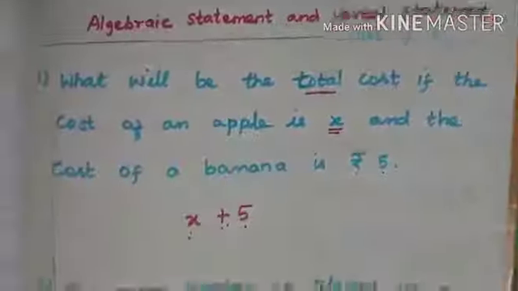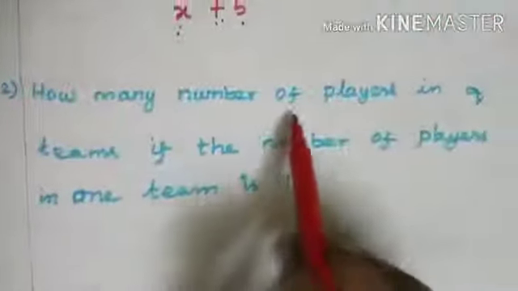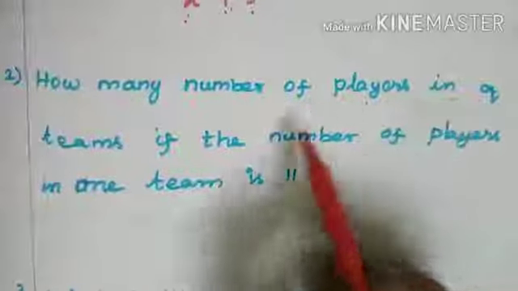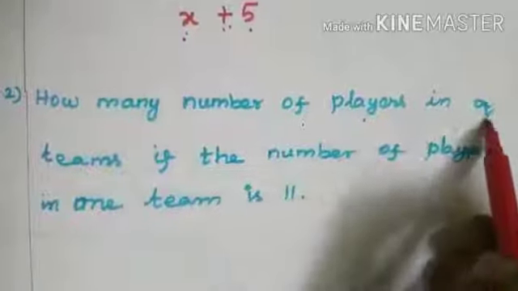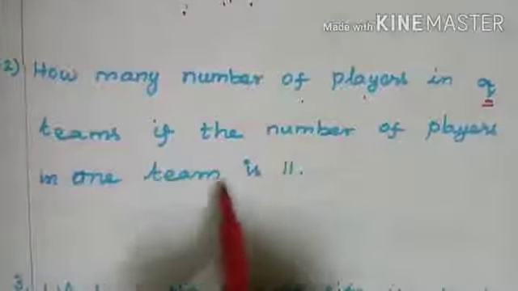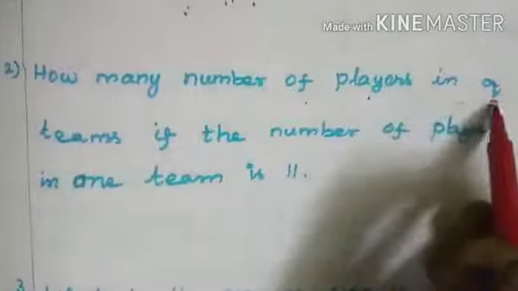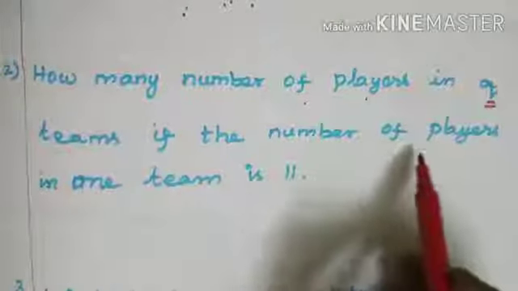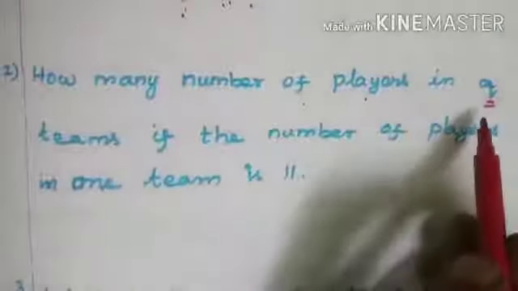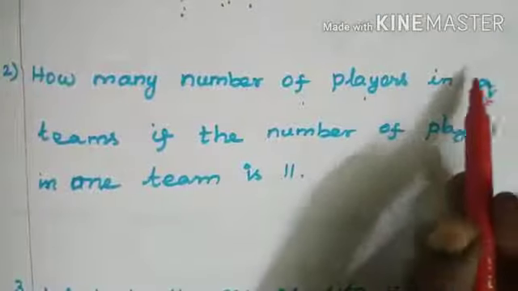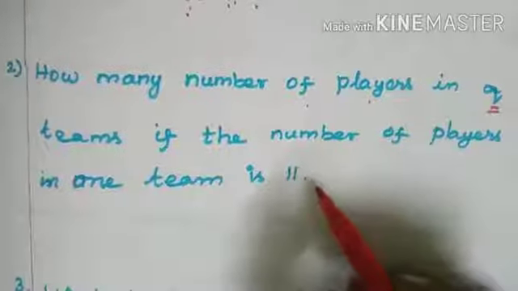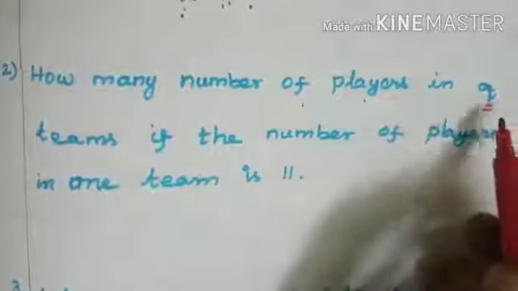The next question: how many players are there in Q teams, if the number of players in one team is 11? This is not 9Q, okay? So how many players will be in Q teams? What do we have to do? For one team it is given and for many teams it is asked.